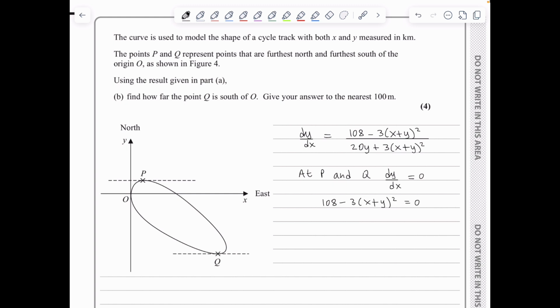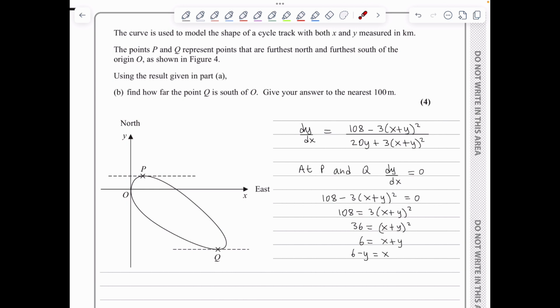Therefore 108 is equal to 3(x plus y) squared. I'll divide both sides by 3 to get 36 is equal to (x plus y) squared. I'll take the square root of 36, leading to 6 being equal to x plus y. And therefore we can easily conclude that 6 minus y is equal to x.